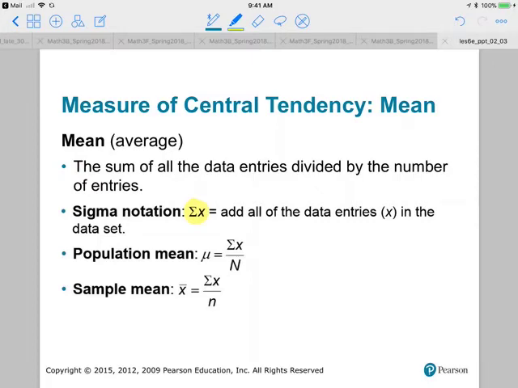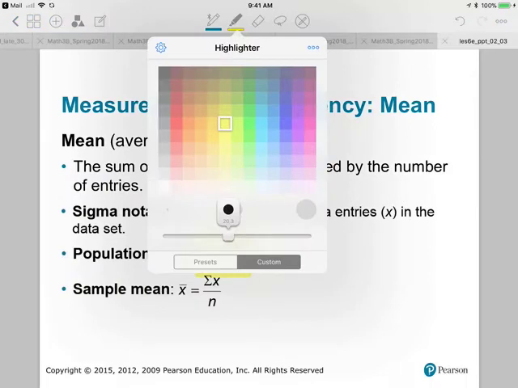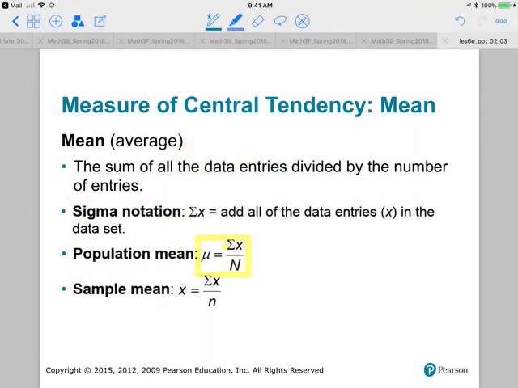So the formulas for mean are right here. I'm going to highlight these formulas. Mu is equal to the sum, sigma x, over capital N. And for sample mean, x bar is equal to the sum of x over n.